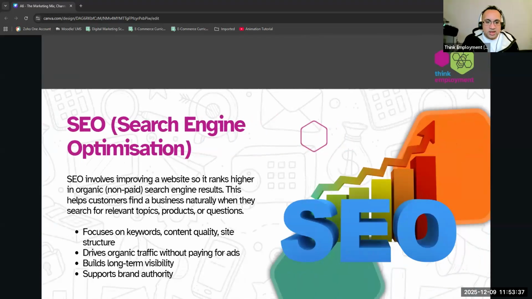The second one, SEO, search engine optimization, it's like planting a seed in the garden. It's going to take some time to grow, but over time, as the internet works, the keywords, and as long as you're providing value, SEO is not like it used to be. As long as you're providing value, you're connecting different content, you're linking to other websites, your website will be optimized.